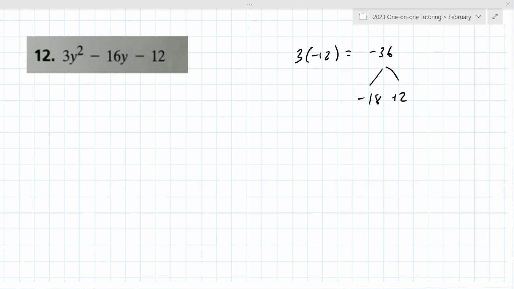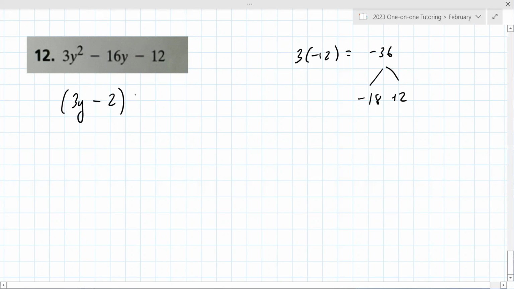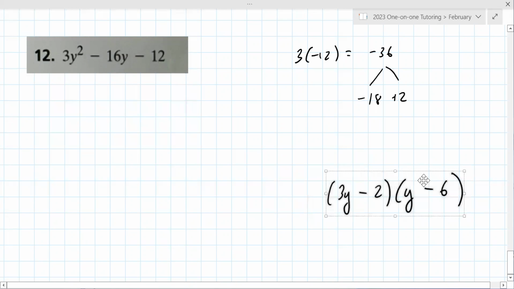Yeah, 3y minus 2 in parentheses and y minus 6 in parentheses. So something's amiss here. They can't both be negative. So we'll look at that here together. Did you go 3y squared minus 18y plus 2y minus 12?